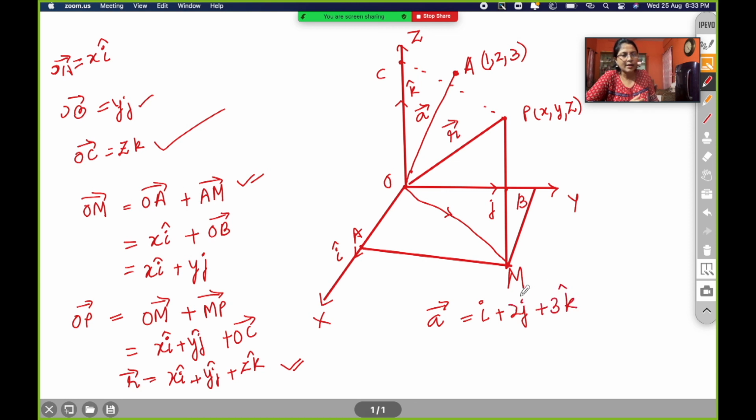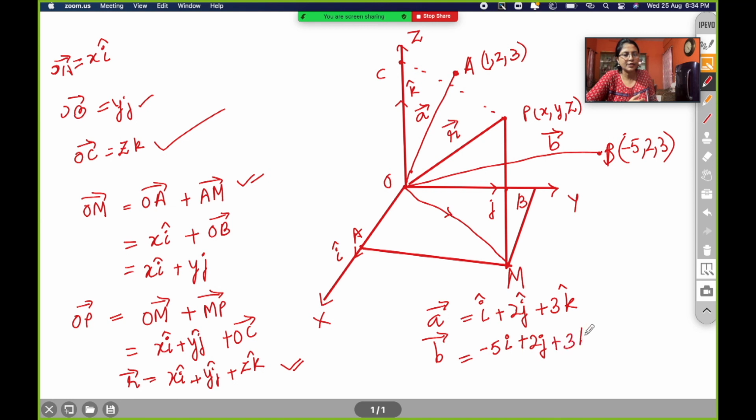Here the caps are very necessary on top of the unit vectors i, j, k. Similarly, if I talk of any other point, say B as -5, 2, 3, and the position vector of B with respect to the origin as vector B, then this will be written in vector form as -5i plus 2j plus 3k.